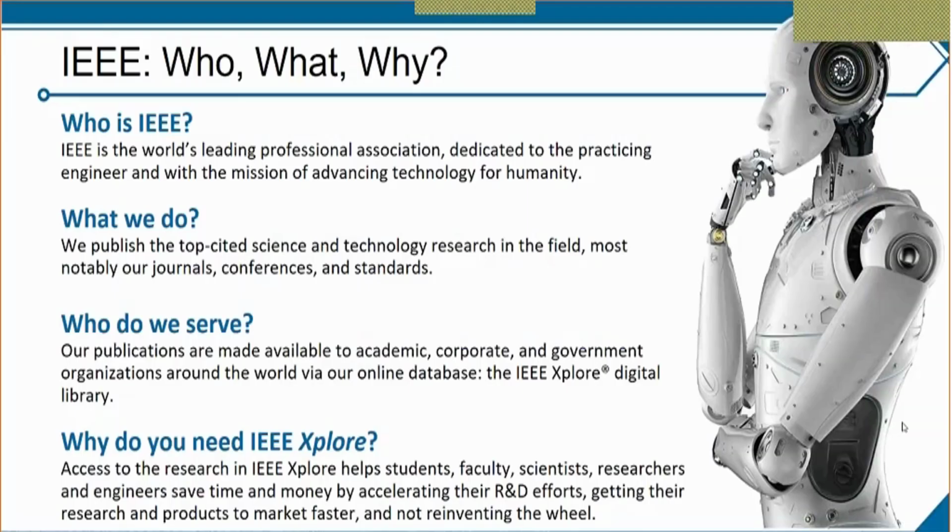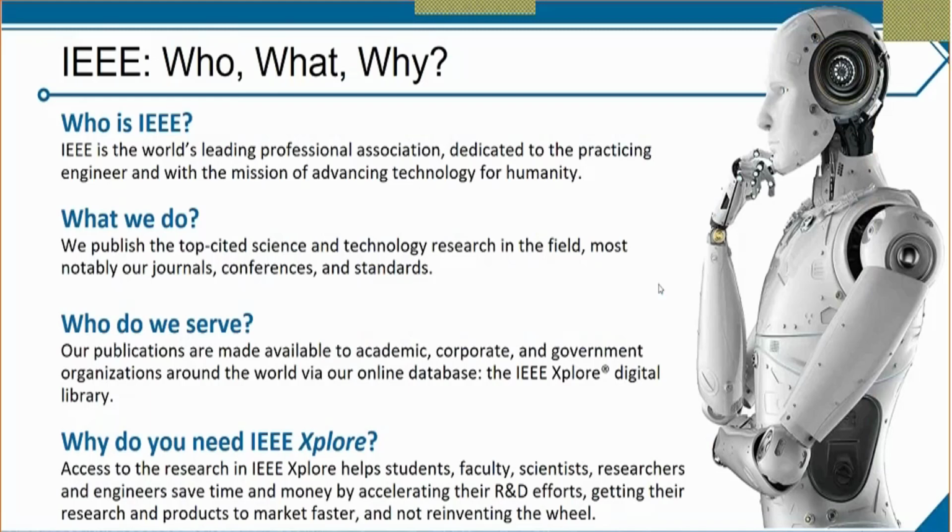So who is IEEE? We're the world's leading professional association dedicated to the practicing engineer, with the mission of advancing technology for humanity. We publish the top-cited science and technology research in the field, most notably our journals, conferences, and standards.